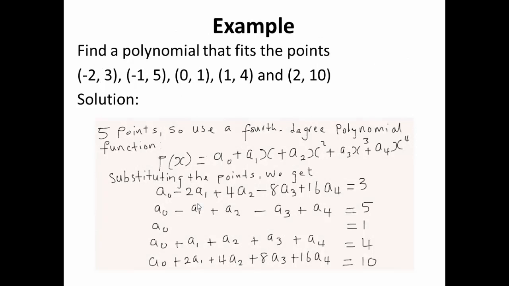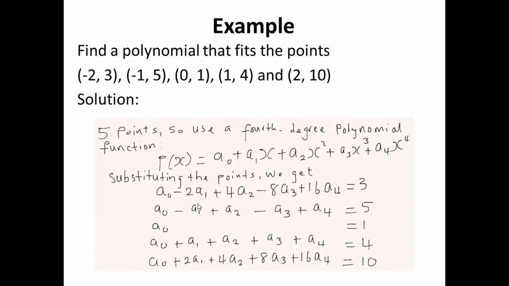Example: find a polynomial that fits the points -2, 3, -1, 5, 0, 1, 1, 4, and 2, 10. Solution: since there are 5 points, we use a 4th degree polynomial function p of x equals a0 plus a1x plus a2x squared plus a3x cubed plus a4x to the power 4.